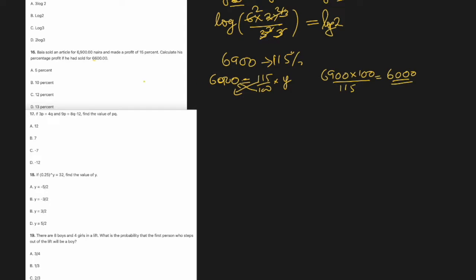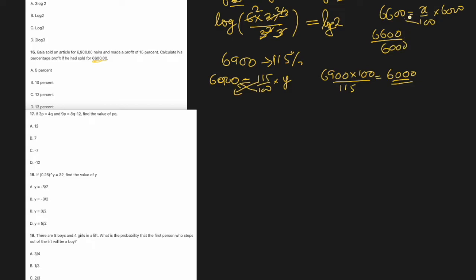6,000. Now they're asking at what percent profit will be there with 6,600. So we'll do the same thing here. 6,600 is what percent? Let's call it x. What percent of 6,000? We know now, right? So whatever percent we get, that will be the after adding profit. So it will be 6600 divided by 6,000.